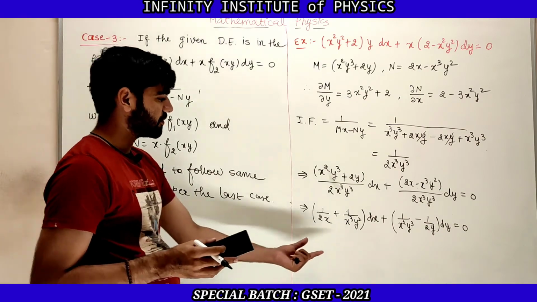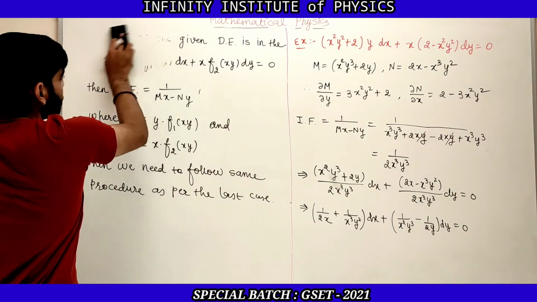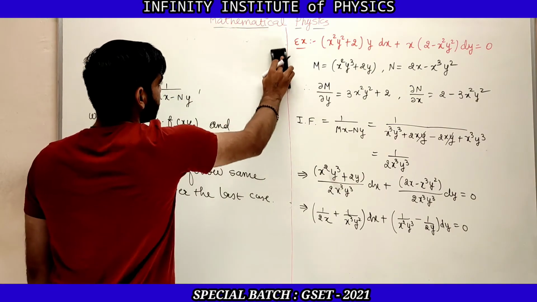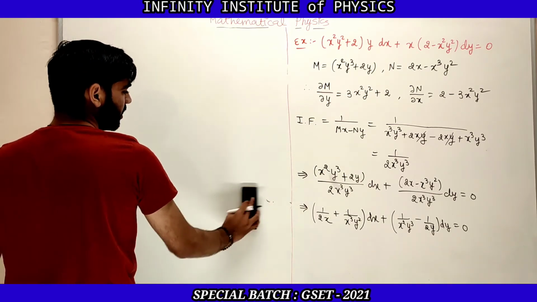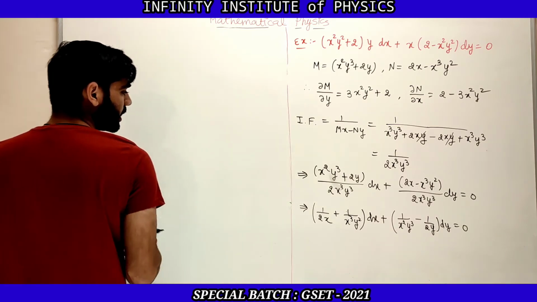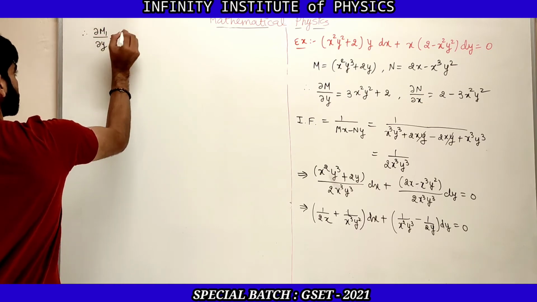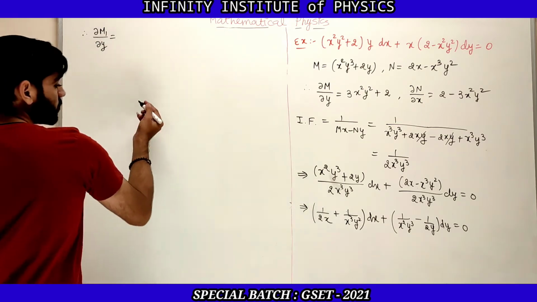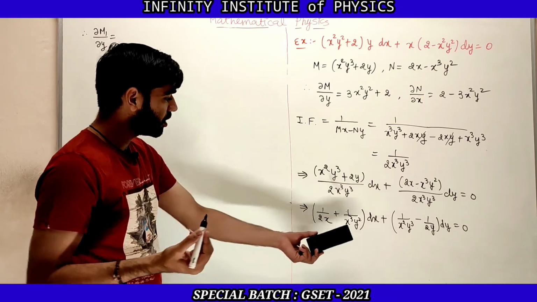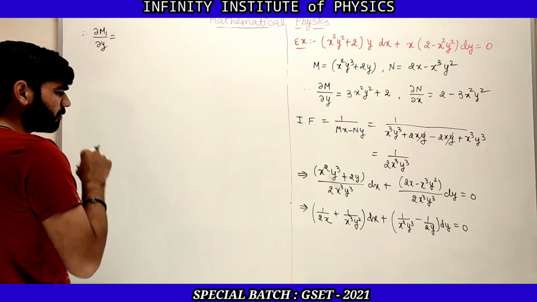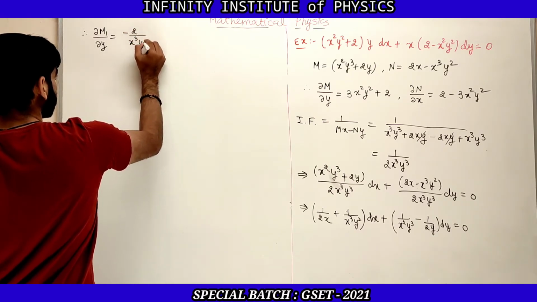Compare this with m1 dx plus n1 dy is equal to 0, and check whether the given differential equation has been converted into an exact differential equation or not. So let us find del m1 by del y and del n1 by del x. For del m1 by del y, 1 by 2x is only a function of x, so differentiation with respect to y is 0, and the differentiation of 1 by x cube y square will be minus 2 by x cube y cube.